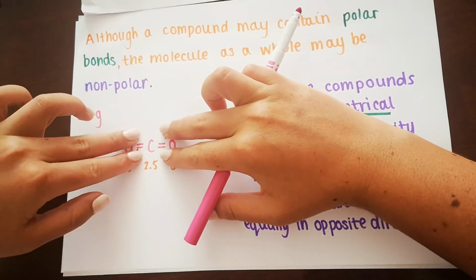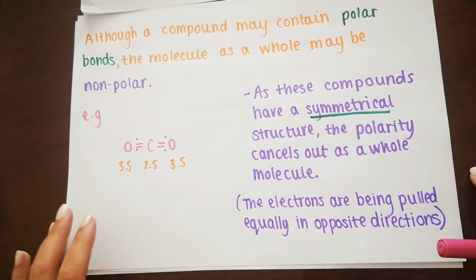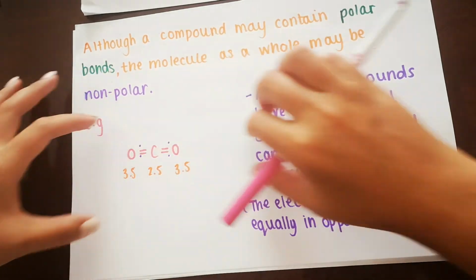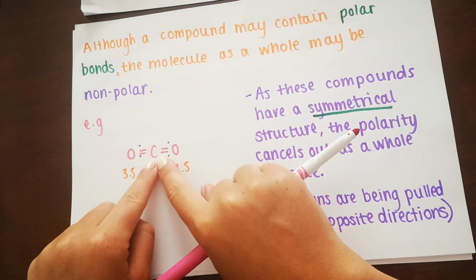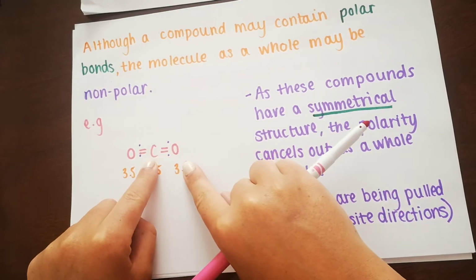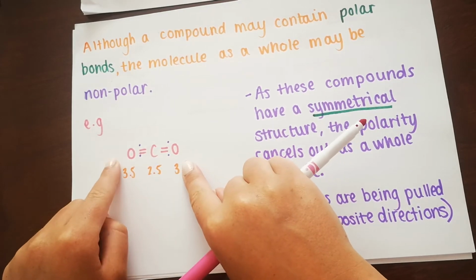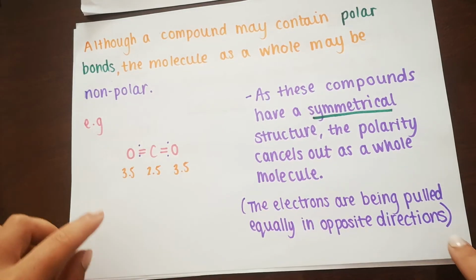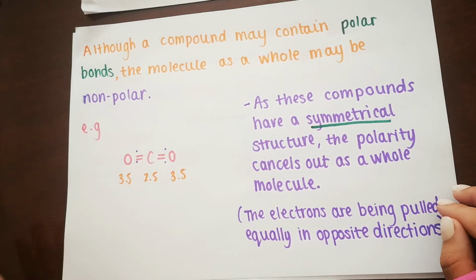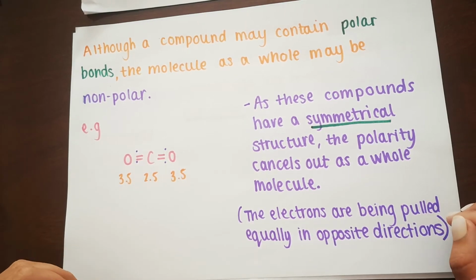So these electrons are being pulled out like this, and as a whole it will cancel out the polarity, because they're getting pulled separate ways. Your electrons from your carbon are getting pulled equally this way as they are getting pulled equally this way. So when you have polar bonds and a non-polar molecule, your molecule must be symmetrical.